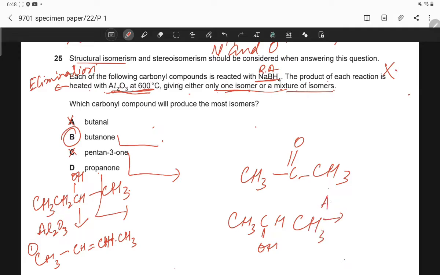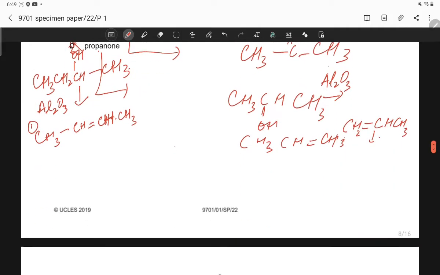When reacted with aluminium oxide, CH double bond, CH2, CH3, and if it is on the other side, CH2, CH3, CH double bond CH, the same molecule is formed. So this is also an incorrect option. The correct option is B.